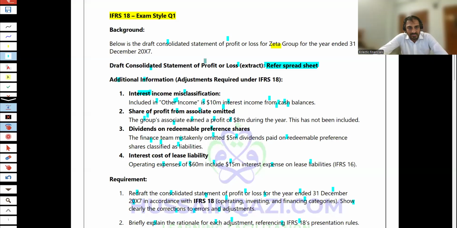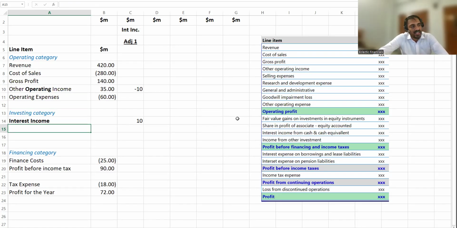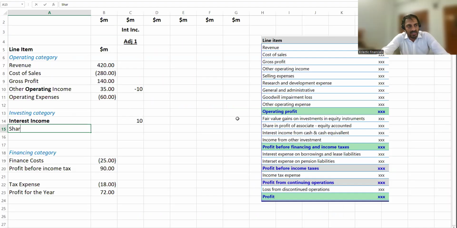Number 2, share of associate profit. They have omitted it. Simple, $8 million. No need to make any adjustment from the figures. Just mention share of profit of associate.